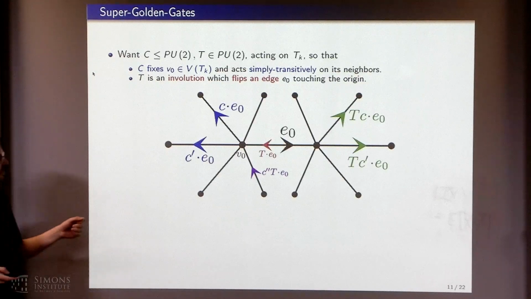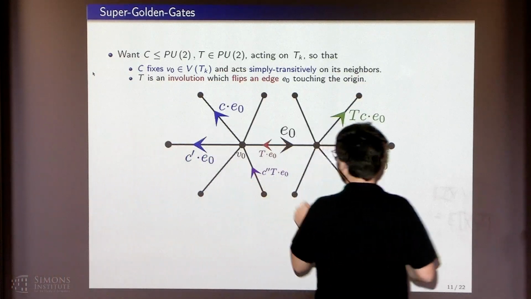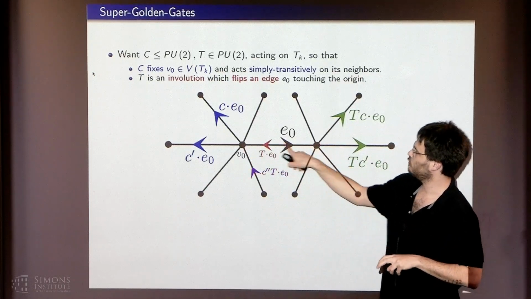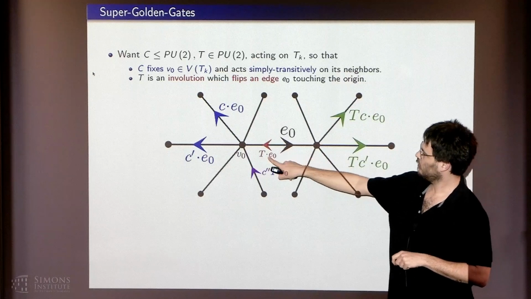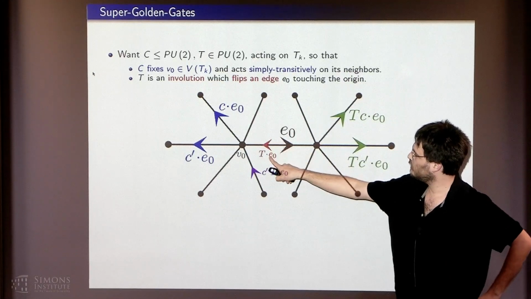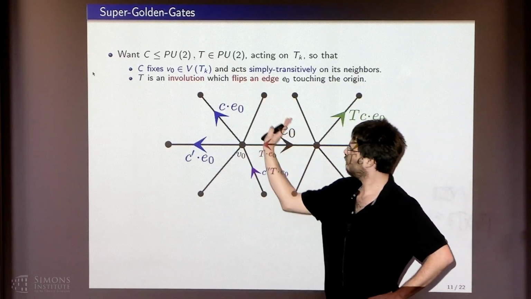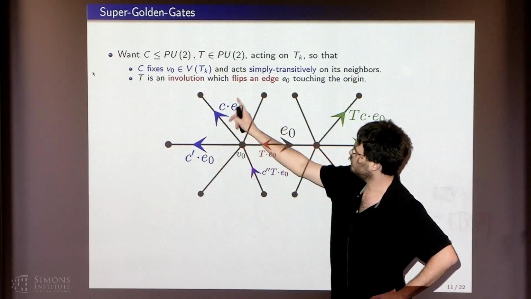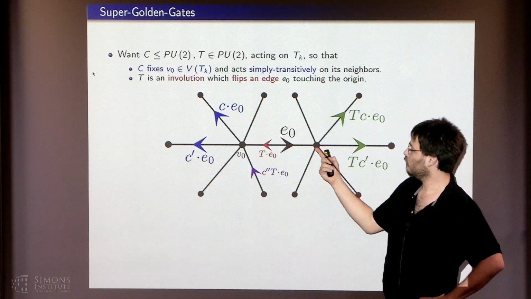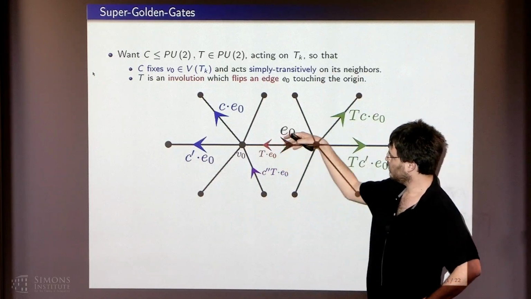So here's an example. This is my basic, fundamental origin vertex, and this is an origin edge. And T flips this edge. So this is E0 and TE0. And C takes this E0 to the other edges. So here's one, C E0, C prime E0. And I can also flip and then rotate.